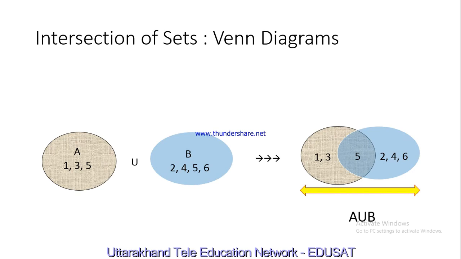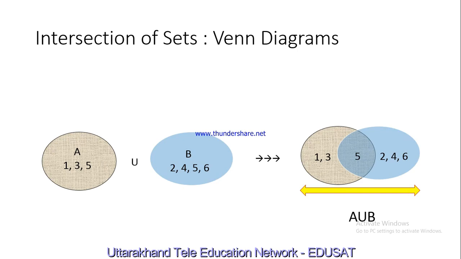And now, when they come together to form A union B, there is a particular portion of set A which is overlapping set B. So there's a particular portion which is common to both set A and B, and that particular portion contains 5. Look at the picture on the rightmost side of the screen.